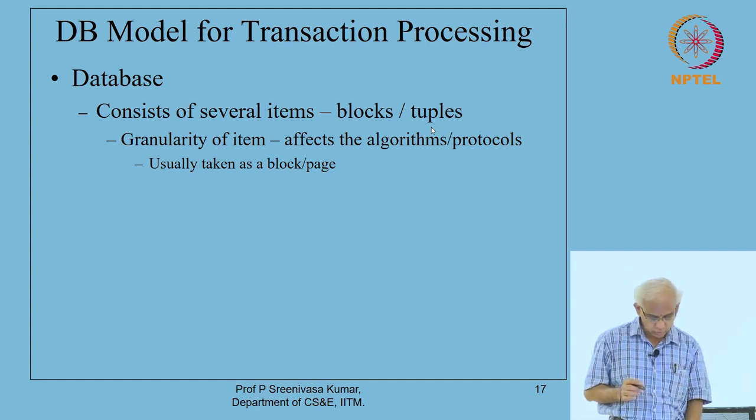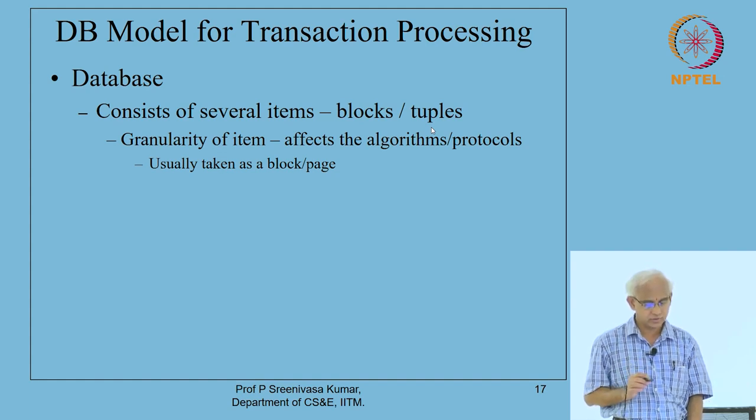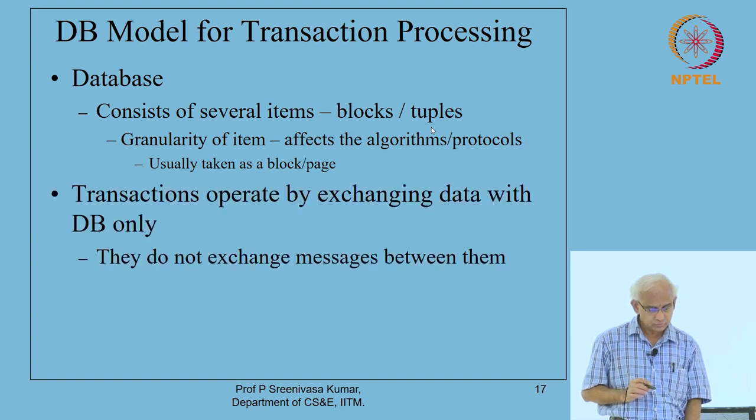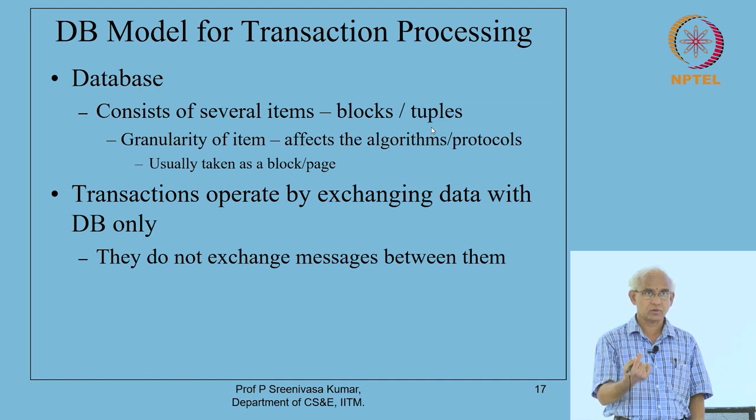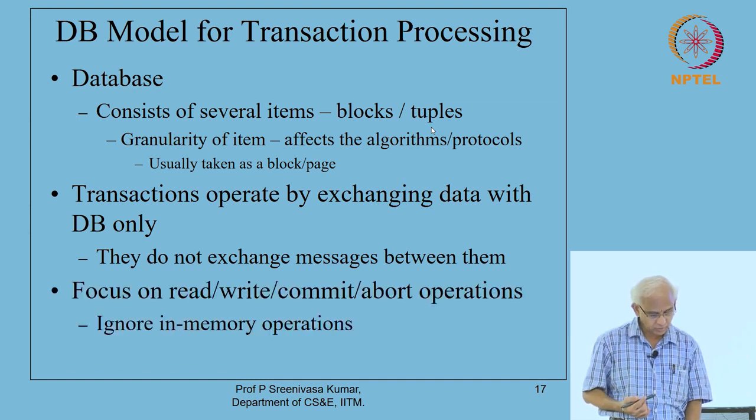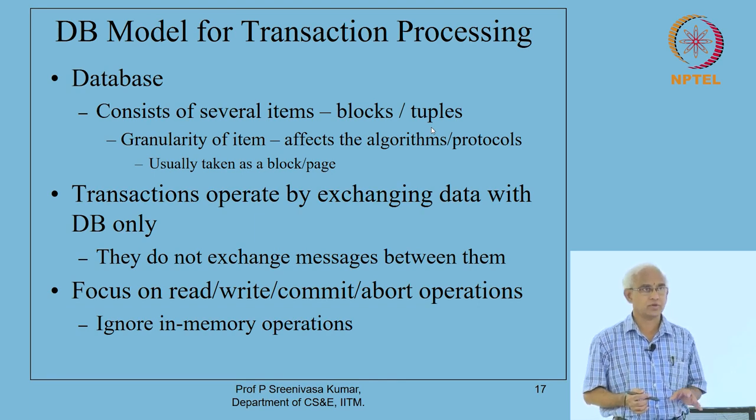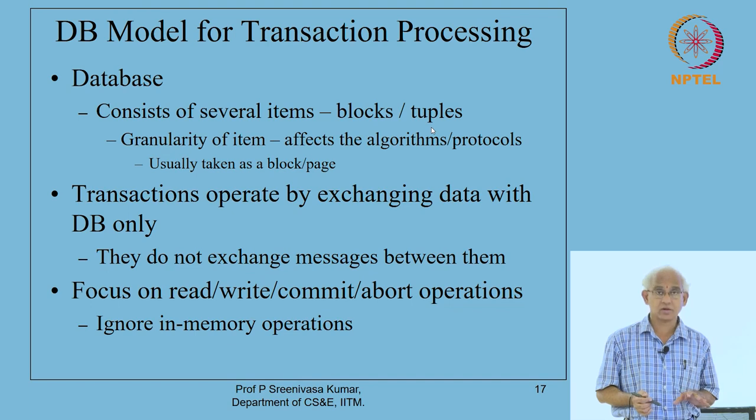Usually we assume that the granularity of an item is a block or a page, and that transactions only operate by exchanging data with the database server. They don't exchange messages between them, and we will focus on the read, write, commit and abort operations.